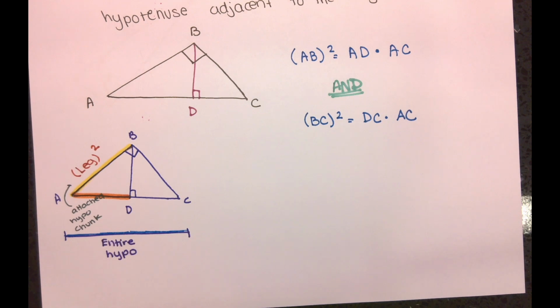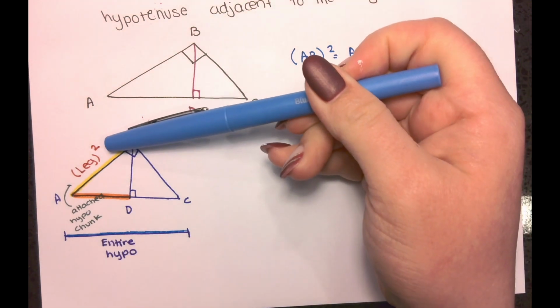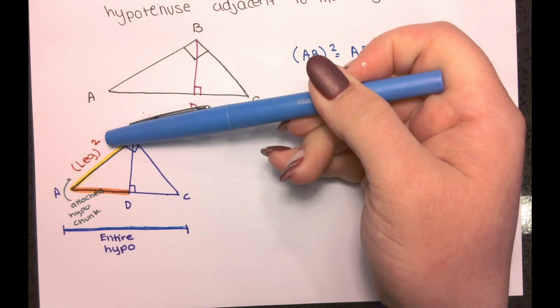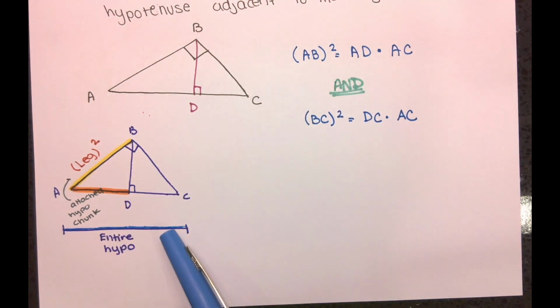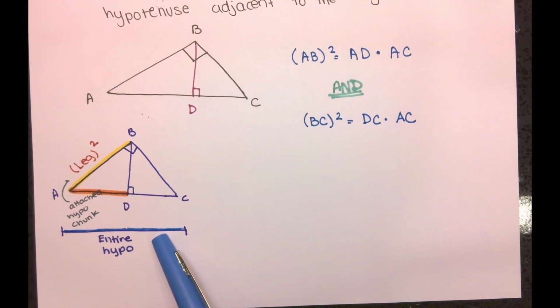Okay, again, so the leg theorem. The leg squared is equal to the attached hypotenuse chunk times the entire hypotenuse.